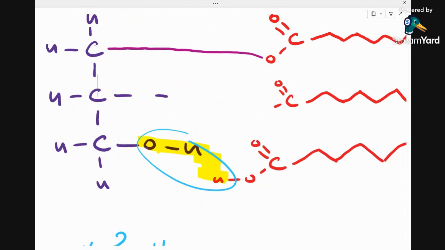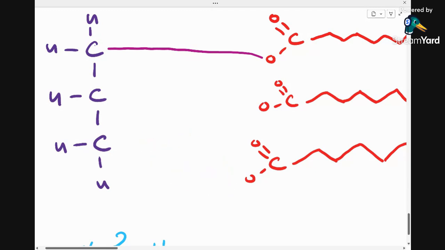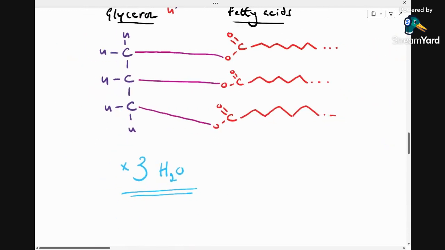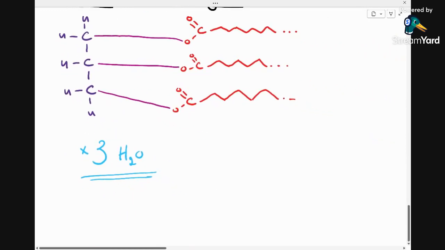Whoops, gone a bit too far there. Oh well. And there you have your triacylglycerol. So we've got our glycerol here, and we've got our 3 fatty acids now attached.